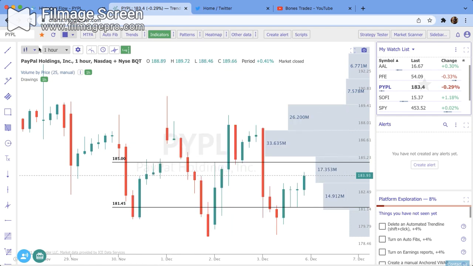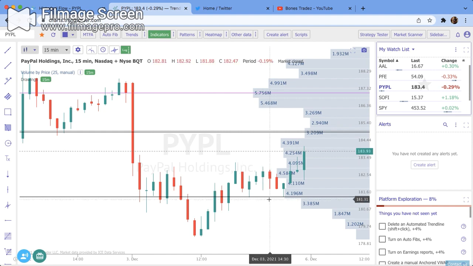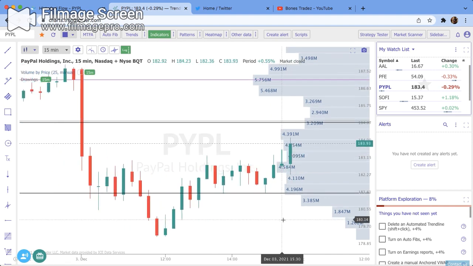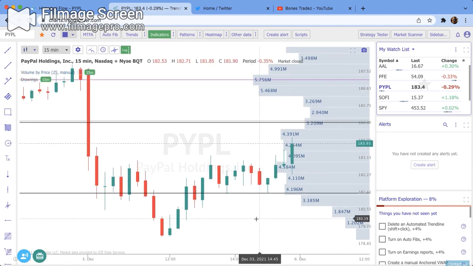And then next, I'm going to drill down to the 15-minute. I'm doing all this for day trade type stuff based off this time frame. So right here, we also see another one at the 180.7 range as another big support area, but I like this double bottom setup here.